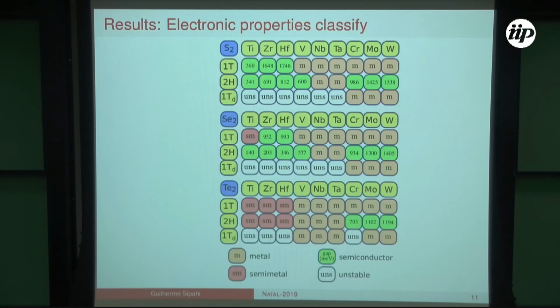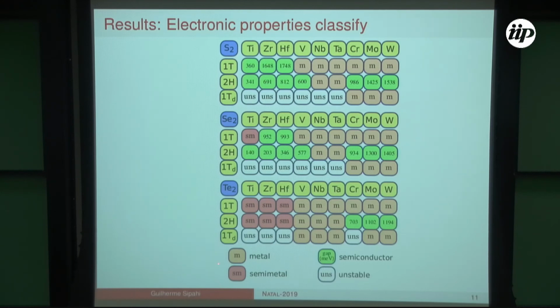Okay, and this is a table that shows our classification. In this we have all the materials: the sulfides, selenides, and tellurides, and here we have all the materials composed in each of their phases.